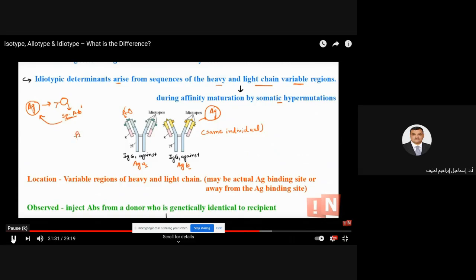One B cell is encountering antigen A and another B cell is encountering antigen B. When they proliferate and produce a set of antibodies, they will have totally different idiotypes from each other.